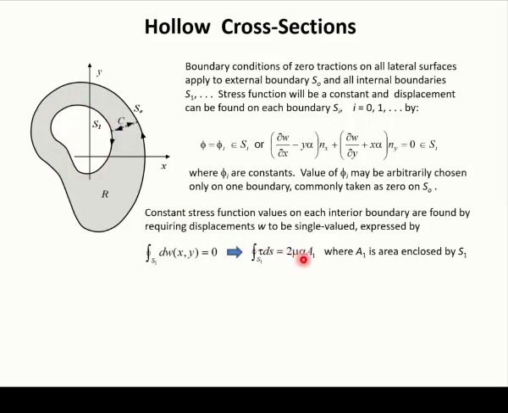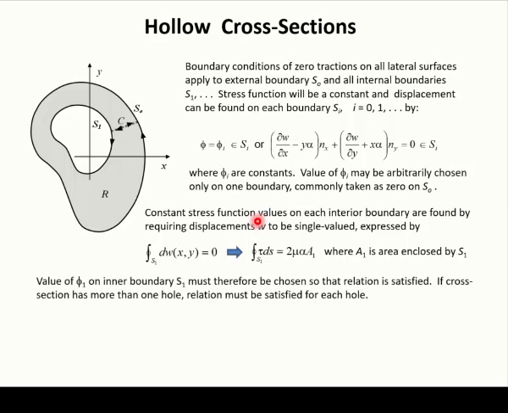So as long as you know it, you can get this equation given there. And when we select this, we need to make sure that this phi value is selected carefully so that it will be a constant.